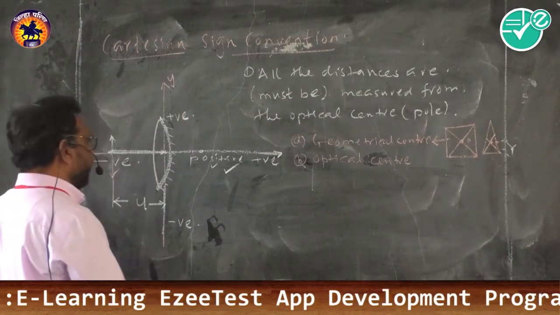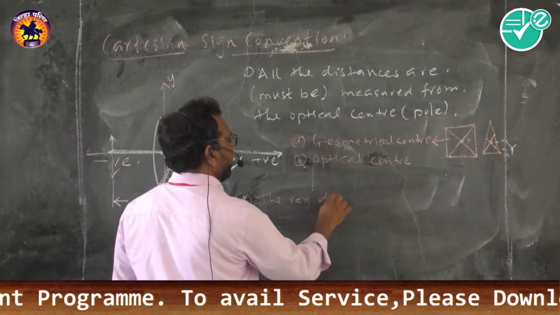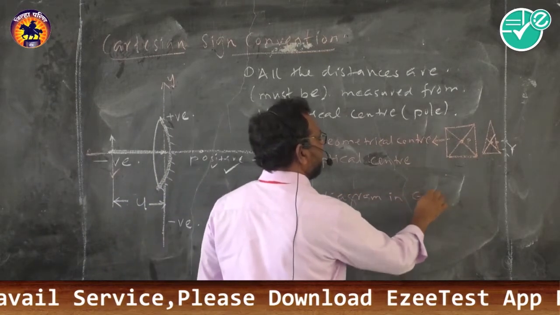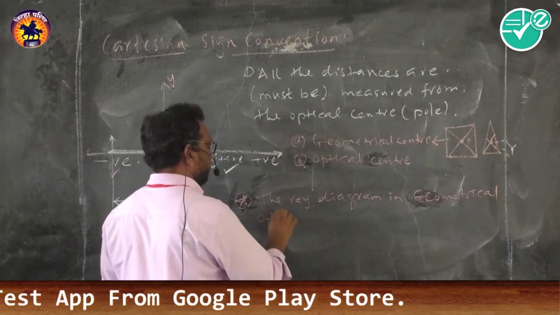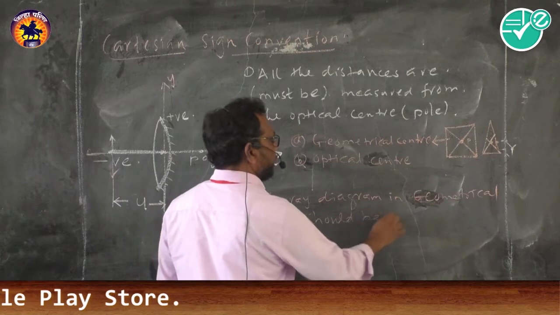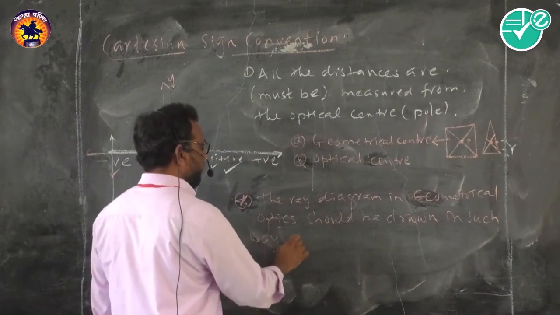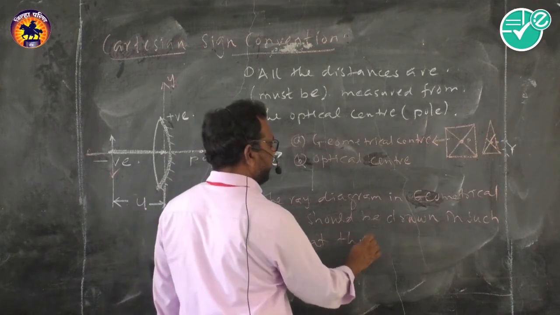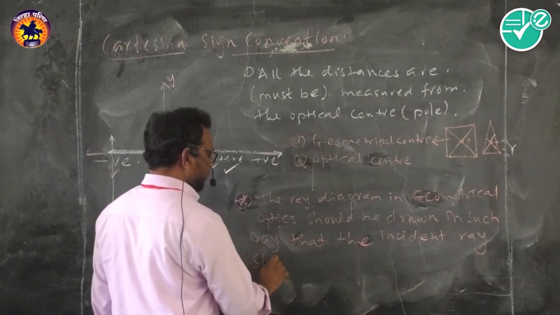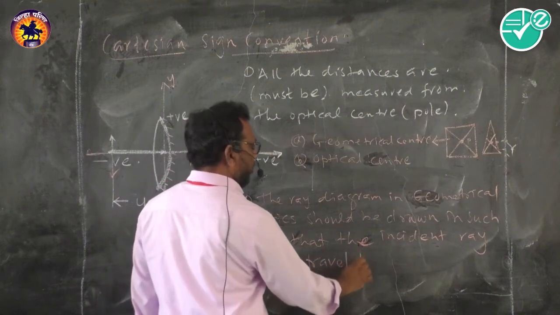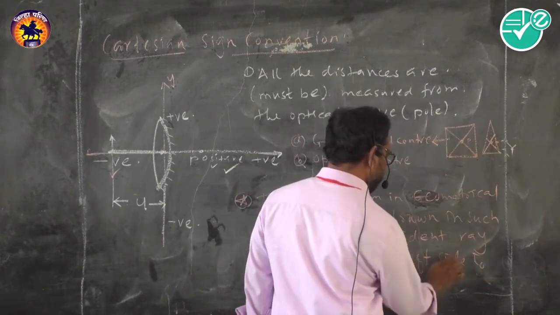Next sign convention: the ray diagram in geometrical optics should be drawn in such a way that the incident ray travels from the left side to the right side.